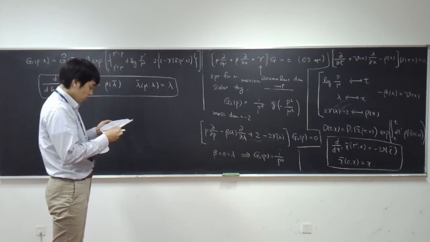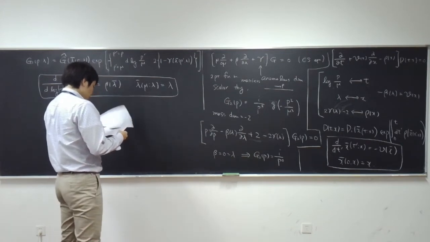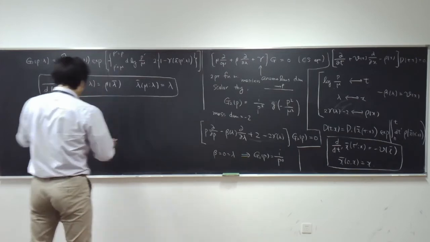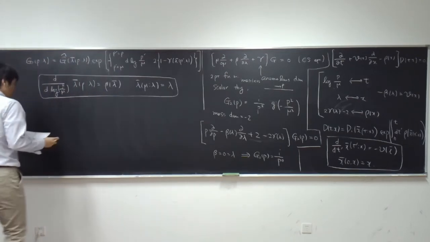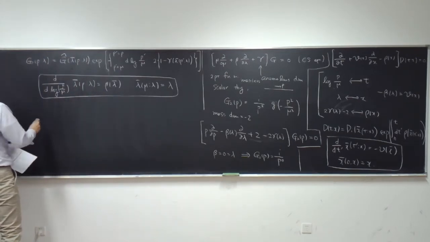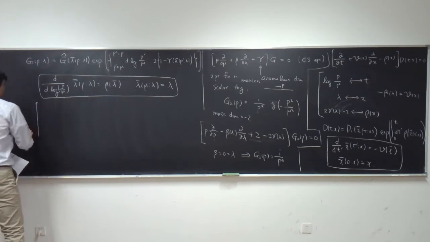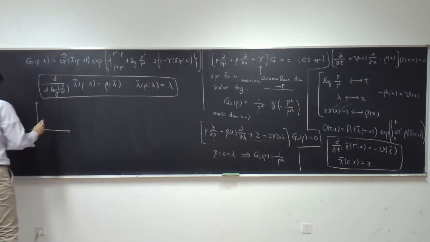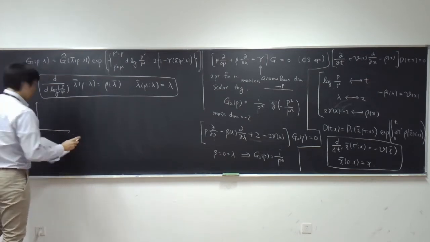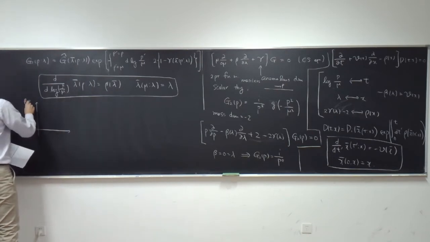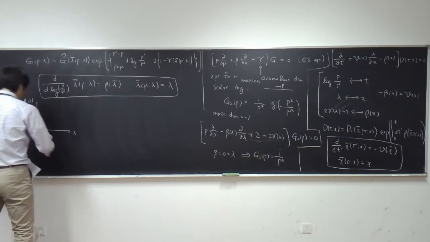One can use this solution as follows. Suppose the massive scalar theory has a beta function with the following behavior.